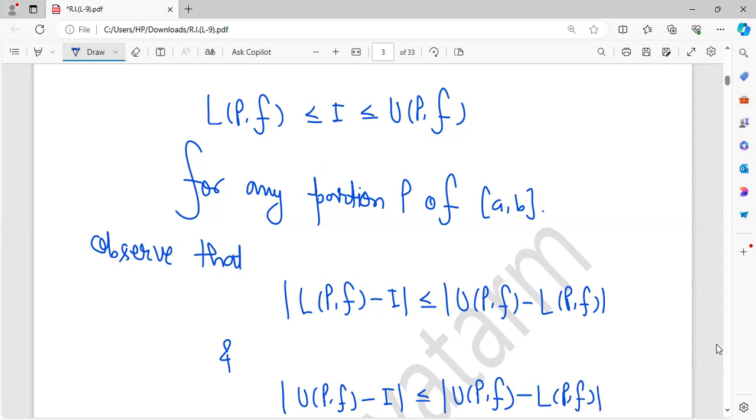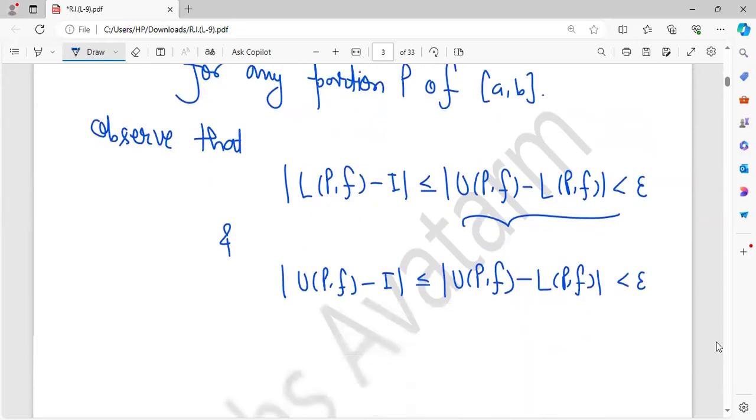But this is less than epsilon, and this part is also less than epsilon.